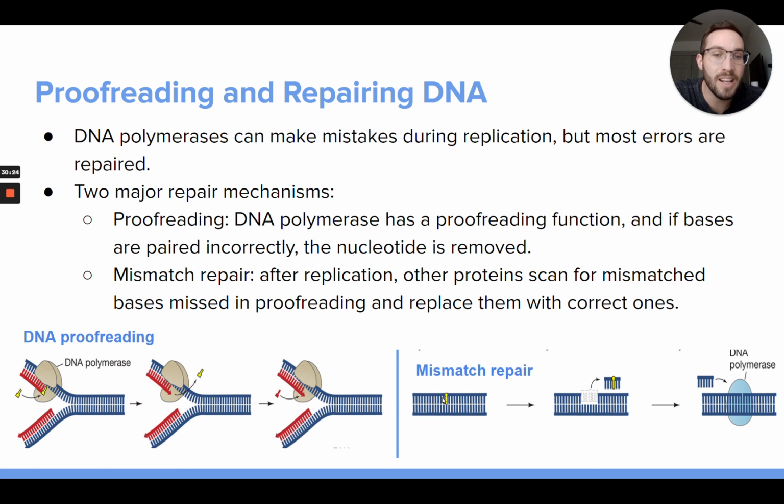And if they find mistakes, there are proteins that actually cut out those mistakes, which will then signal DNA polymerase to come back and fix it. And so that fixes those mistakes. That's called mismatch repair, when there's a mismatch and then we cut it out later on and replace it and fix it. So these are two examples of some ways in which cells are fixing these mistakes during DNA replication.